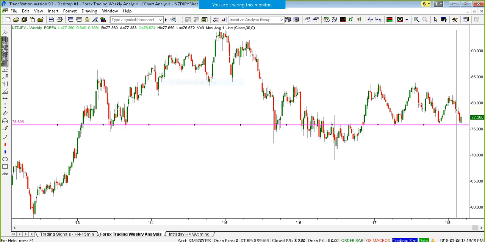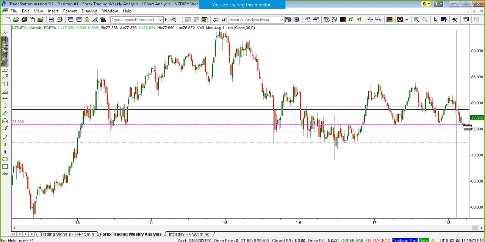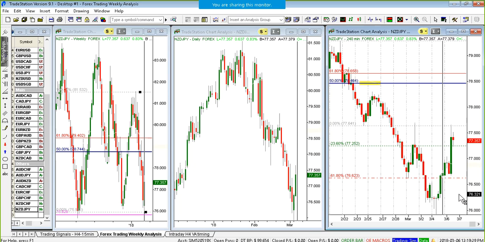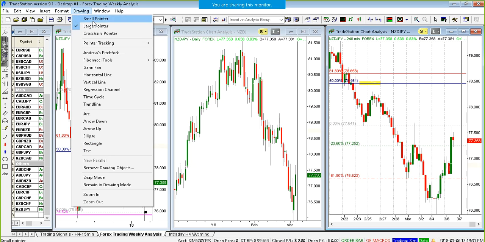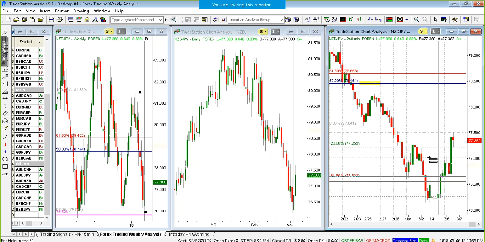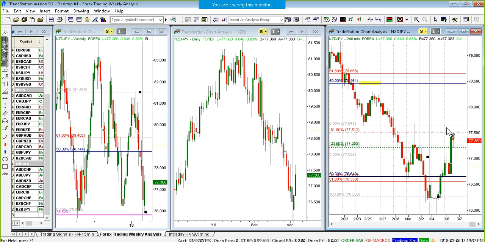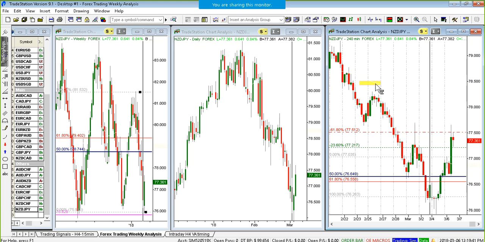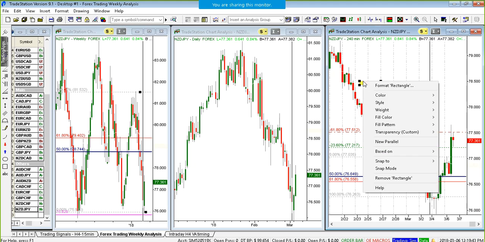The 50% here might not hold because of that, and so for this market, 78.74 could be the next level in play. Some of these markets have already started trading in extensions, as you can see here, and so you need to trace accordingly.